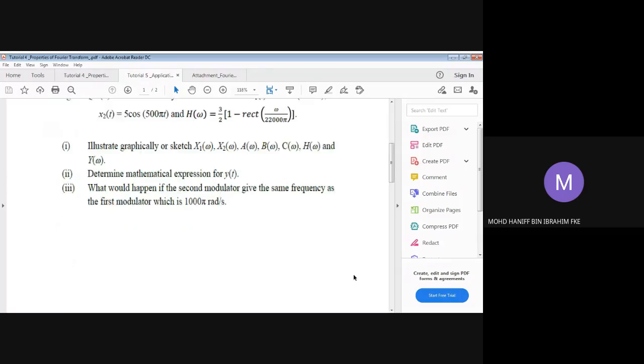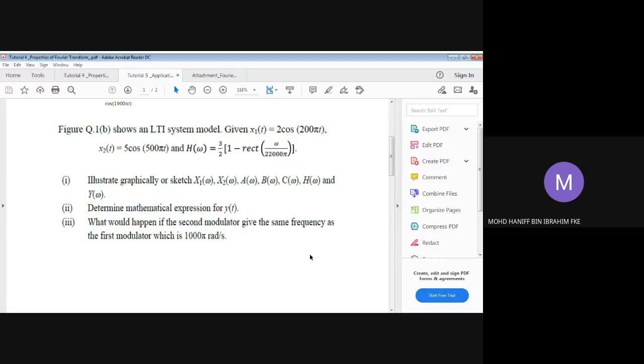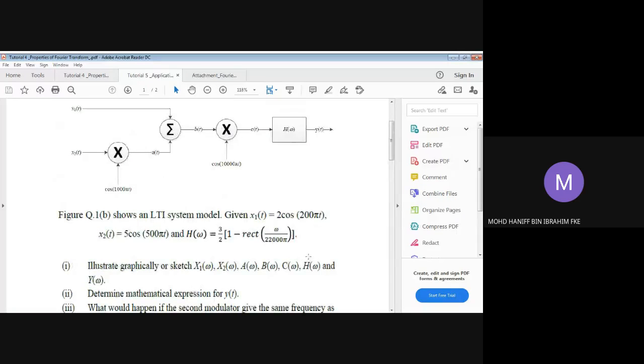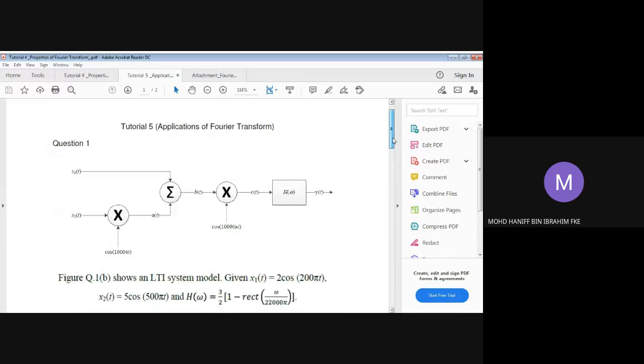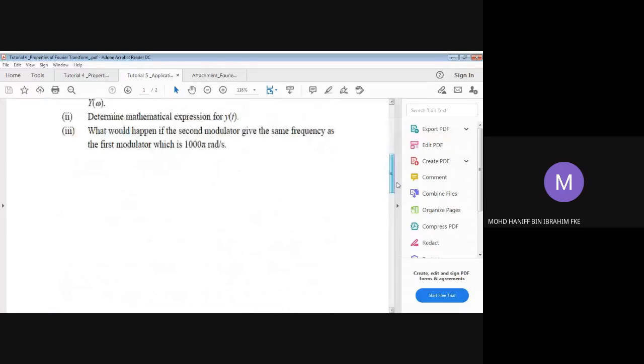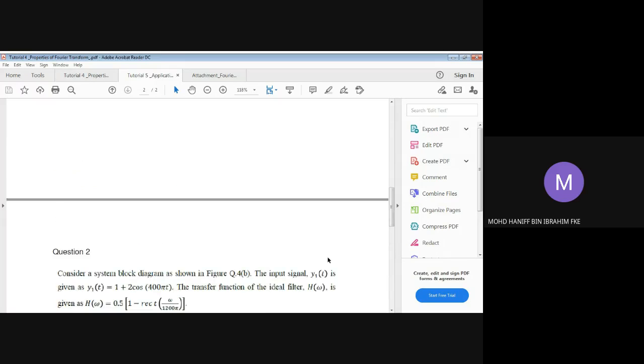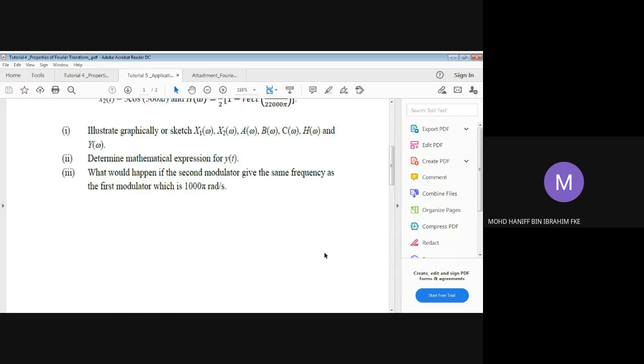So this is the standard of questions that we are going to have in our assessment, both test and final exam. Quite similar to what we have learned in class, where I taught you how to apply the Fourier transform in solving problems related to filters and also to modulation, amplitude modulation to be exact. Any question on tutorial 5?